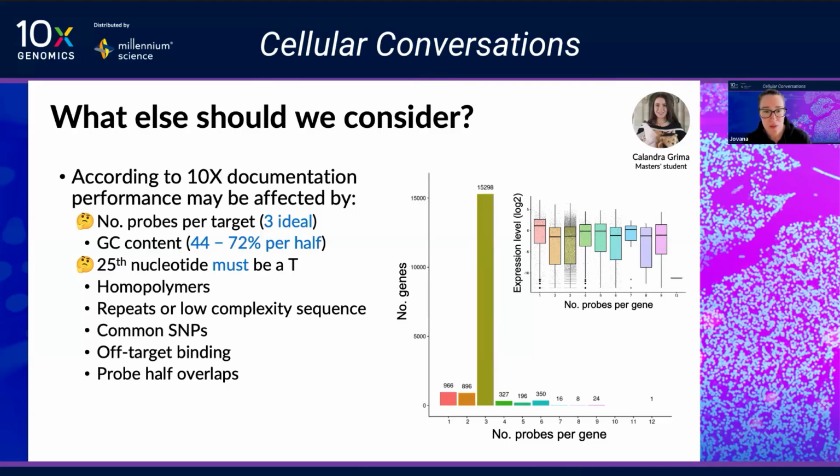And we found that when we included this constraint, a lot of probes failed. We didn't test them, but in a computational sense, they weren't going to be successful.